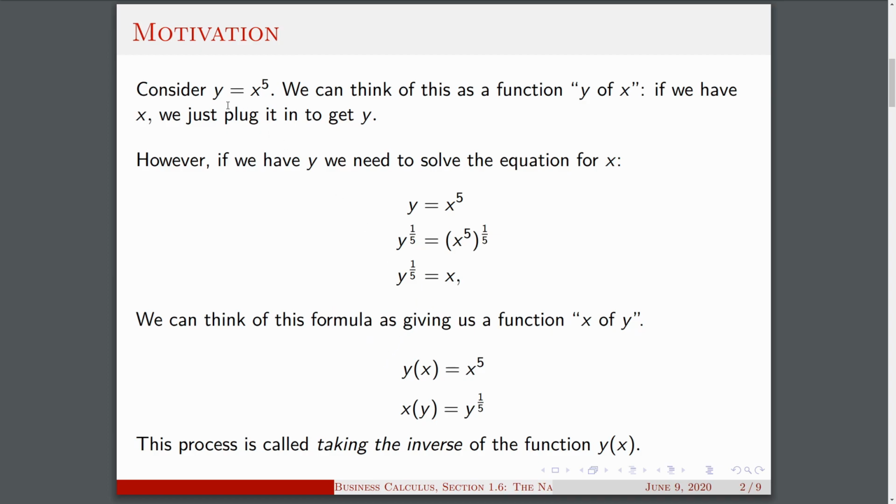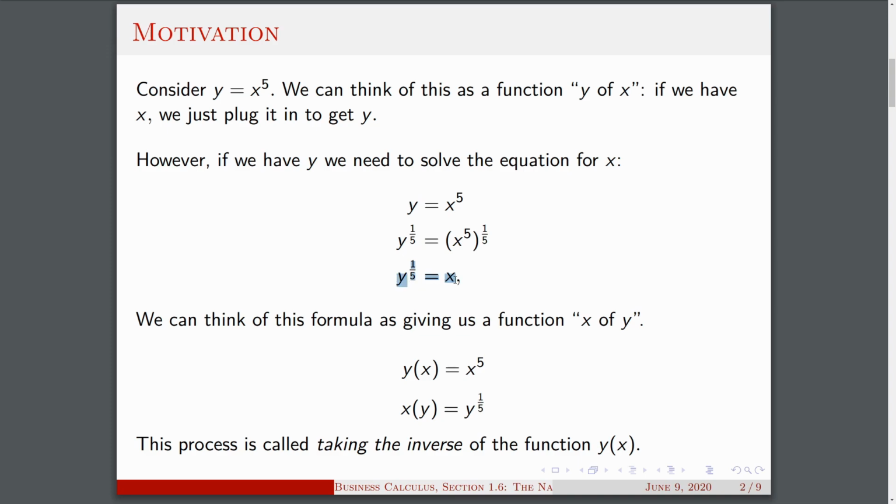And these are the same formulas written differently. y equals x to the fifth, or y to the 1/5 equals x. It's the same equation, just written differently. And the difference is really in how we're thinking about it. When we write the equation like this, we're thinking of y as being a function of x. In other words, if we have x, we plug it in and get y.